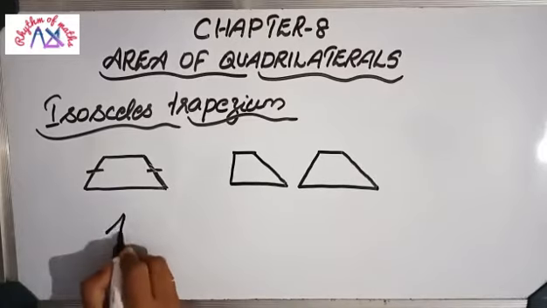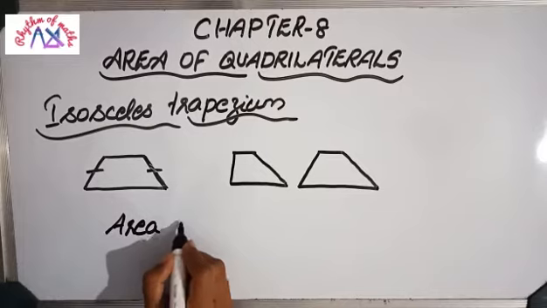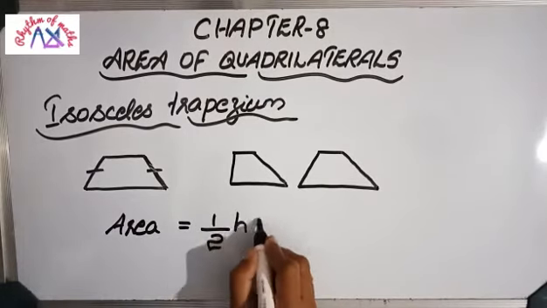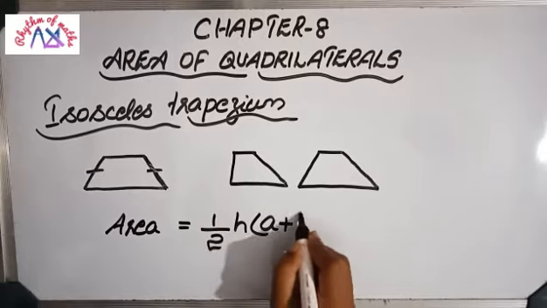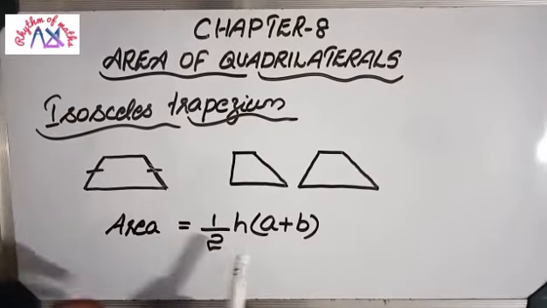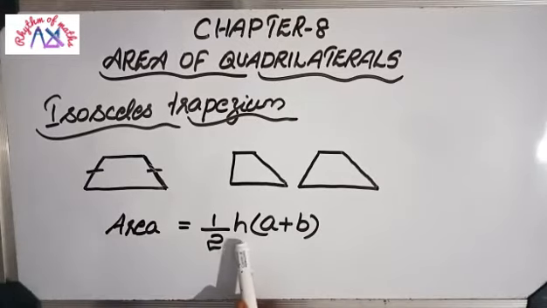Here in this section we have to learn the equation to find the area of a trapezium. The equation to find the area of a trapezium and the area of an isosceles trapezium both is half h into a plus b. Here h means the distance or height of the trapezium.